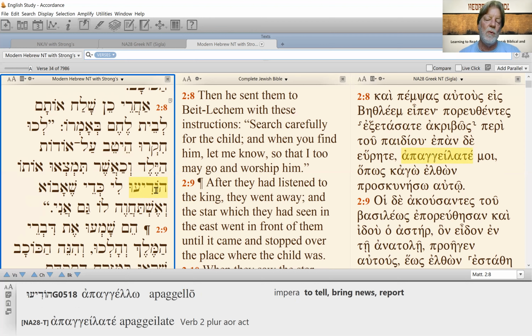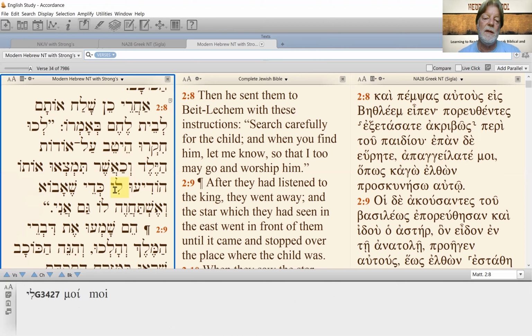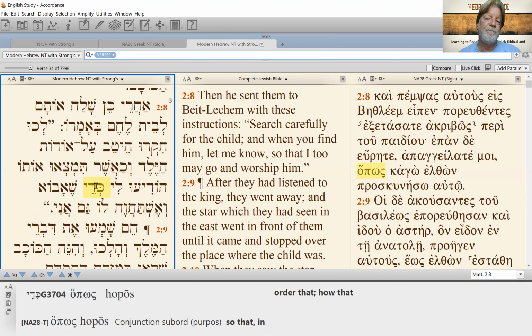Yada is the root word here in Hebrew, which means to know. Chodi'u, I think this would be like a Hofel form of it, which means y'all make known, li, to me. Kadeh, we had kadeh before, it's like, well, what time?